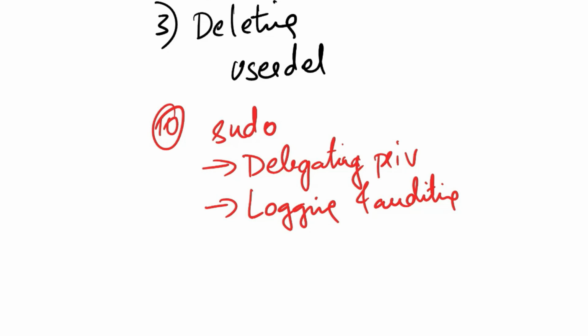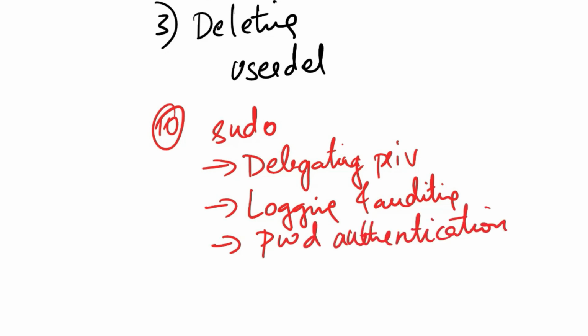This auditing capability provides an audit trail of who did what, enhancing system security and accountability. Next, password authentication. By default, sudo requires users to enter their own passwords when executing commands with elevated privileges. This ensures that only authorized users can use sudo.